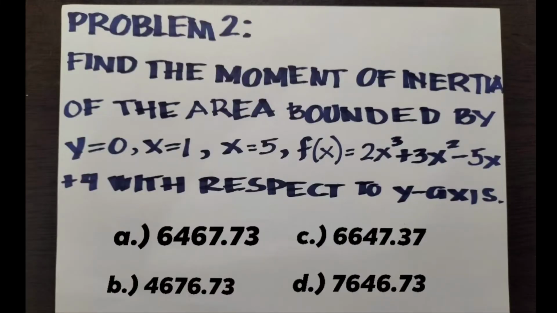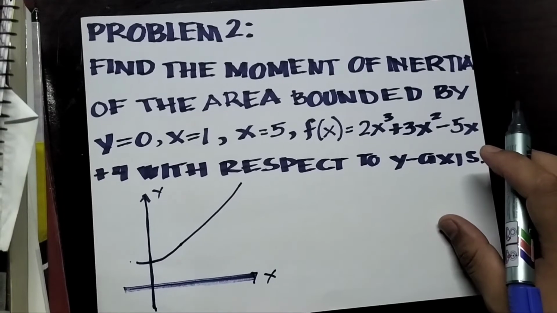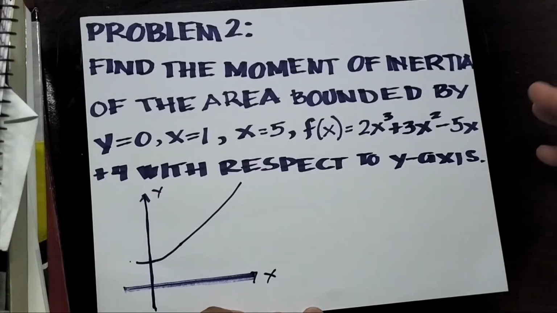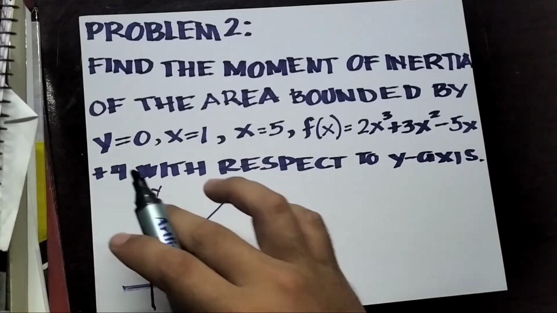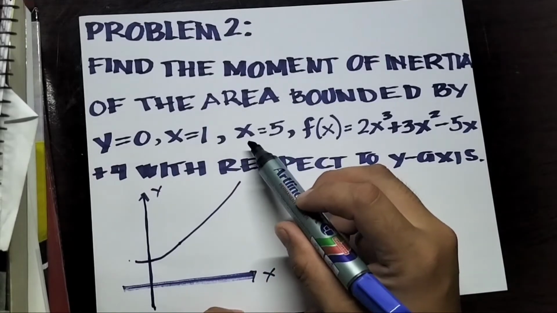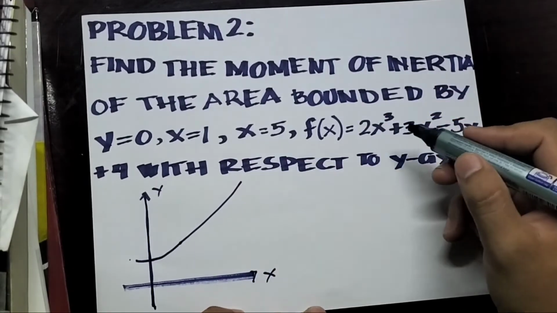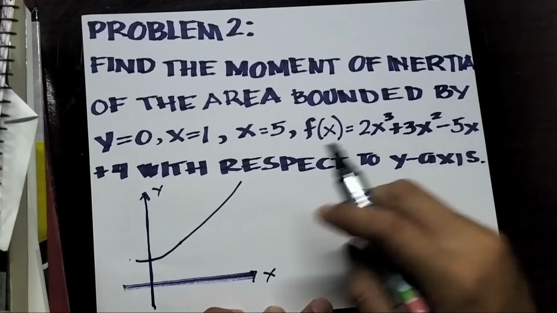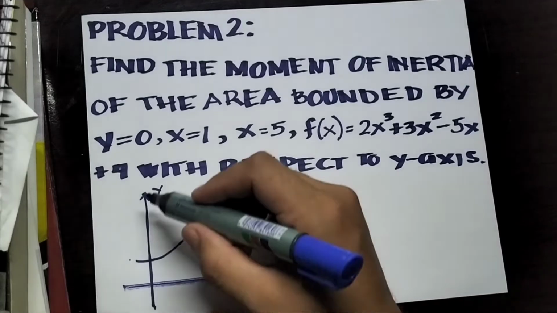Problem number 2. So next guys is our problem number 2, which is to find the moment of inertia of the area bounded by y equals 0, x equals 1, x equals 5, and f(x) equals 2x cubed plus 3x squared minus 5x plus 4, with respect to y-axis.